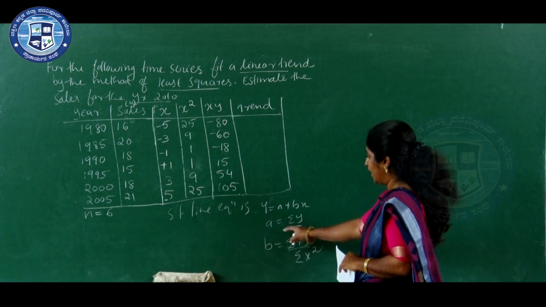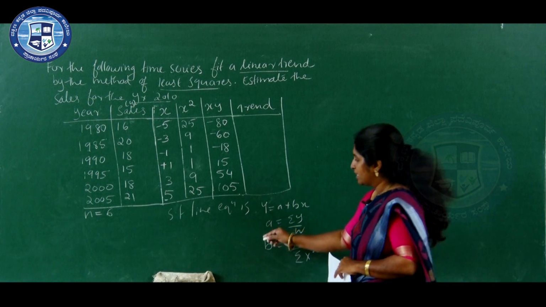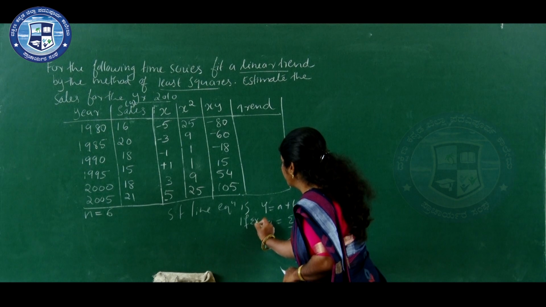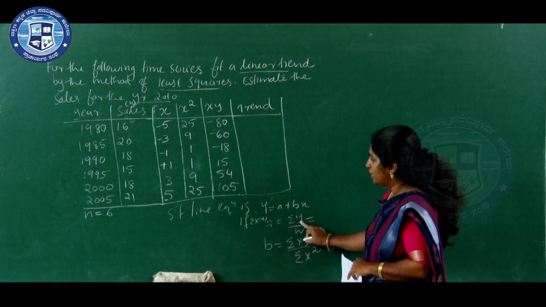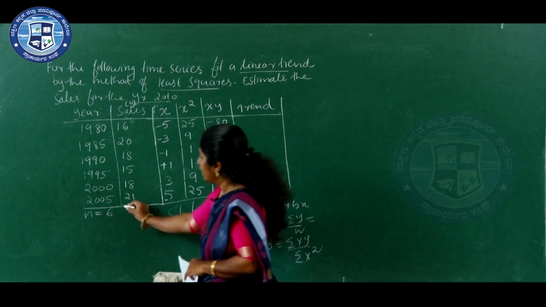Now, find the constant a. Summation x is equal to 0, and a is equal to summation y divided by n.